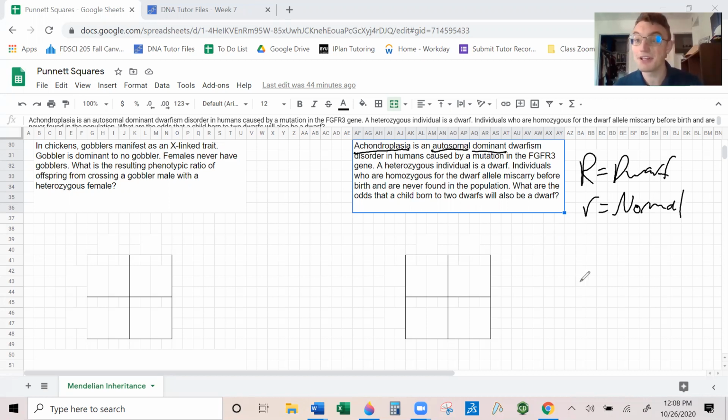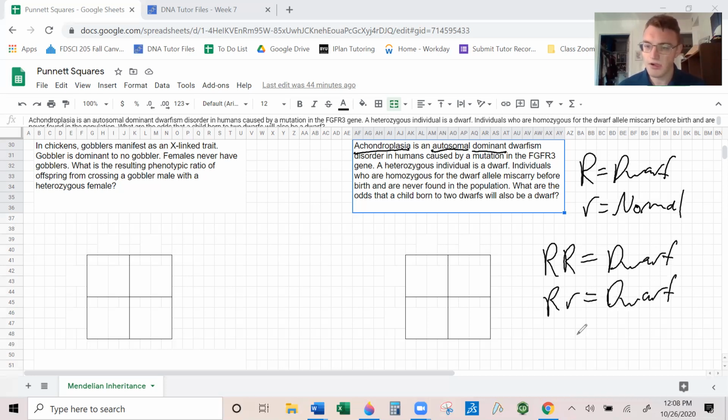Okay, so notice this one isn't going to behave like you would normally expect, because according to the way you would think from week 6, big R would be dwarf, and big R big R would be dwarf, and little r would be normal, right? But what the question is telling you is if you're big R little r, you're dwarf, and if you're big R big R, you're dead.